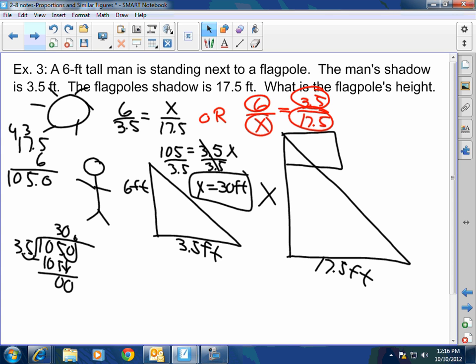This is, by the way, how they get measurements of really tall mountains and the Grand Canyon, for example. They sat at the bottom of the Grand Canyon and they know their own height, right? So they sit at a particular angle, which is equal to the angle of whatever rock or feature they're trying to measure.